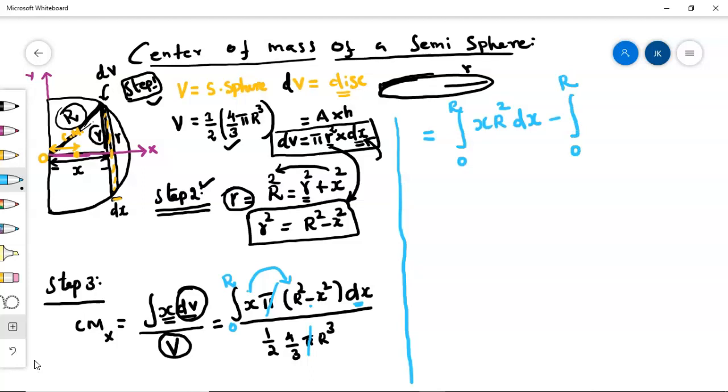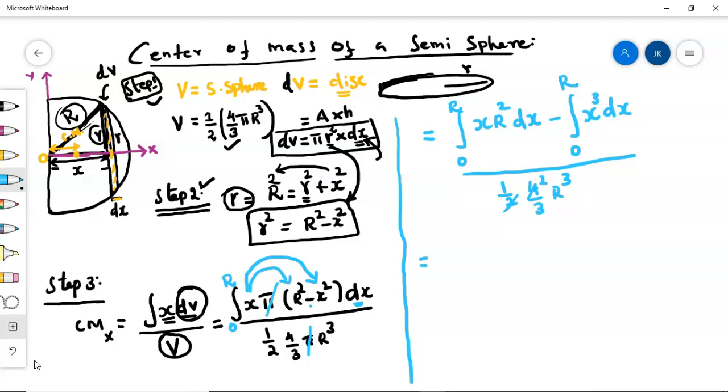the limit. This time this x is multiplied with another x square, so x times x square is x cube, and dx is common, right here dx, divided by 1 by 2, 4 by 3 r cube. So we can cancel this also, right? Okay.